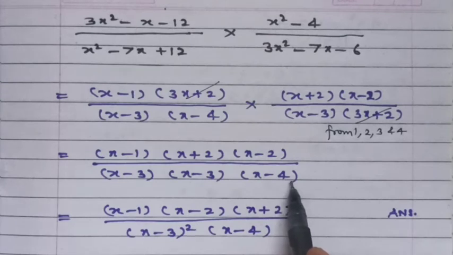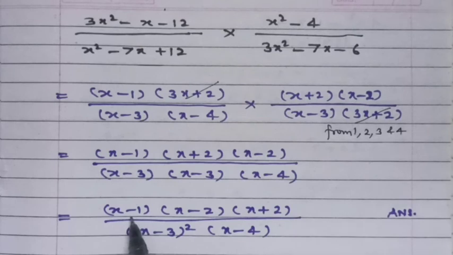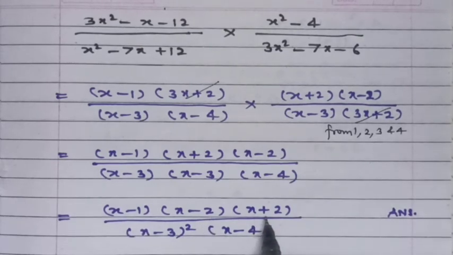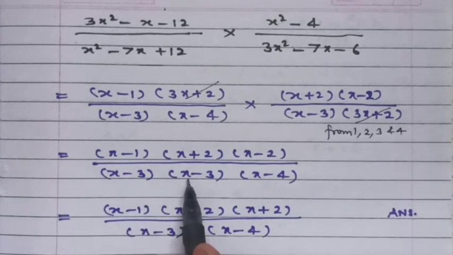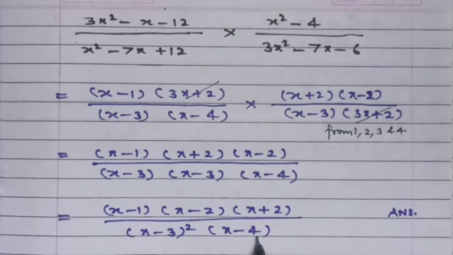You can stop here also, or you can write x minus 1, x minus 2, x plus 2. This x minus 3 multiplied twice will give you x minus 3 the whole square into x minus 4. That is your fifth answer.